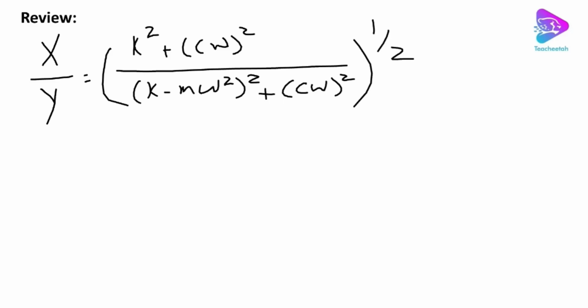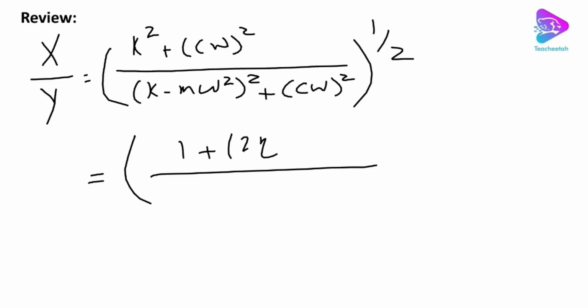Or we can also represent it as a function of zeta and r, as I mentioned and as we had before, which is equal to 1 plus 2 zeta r squared over 1 minus r squared plus 2 zeta r squared, to the power of half.